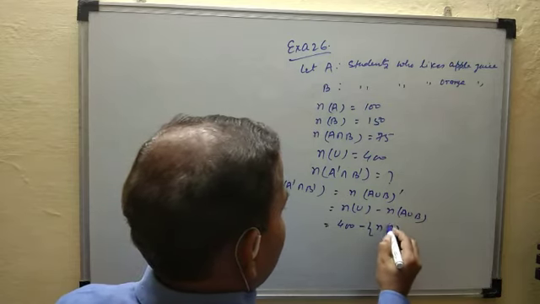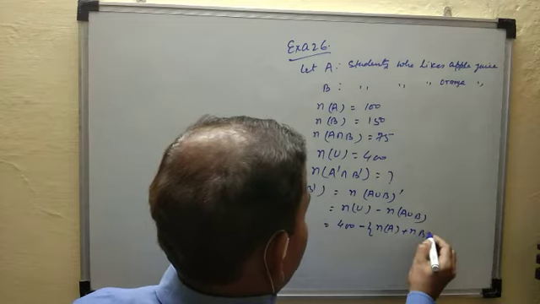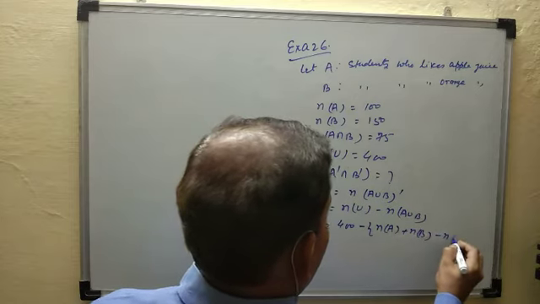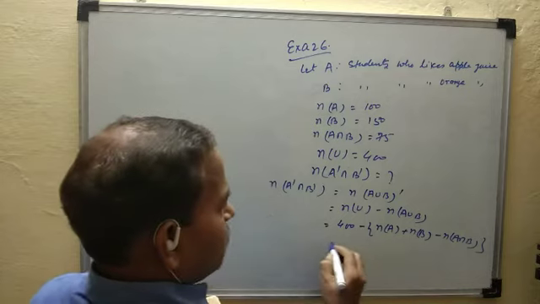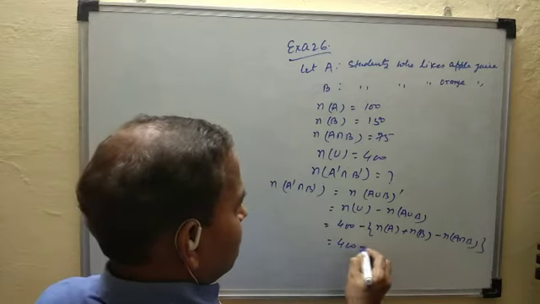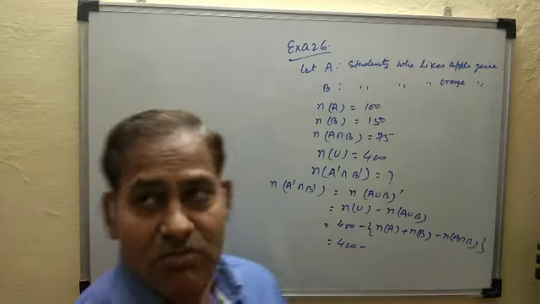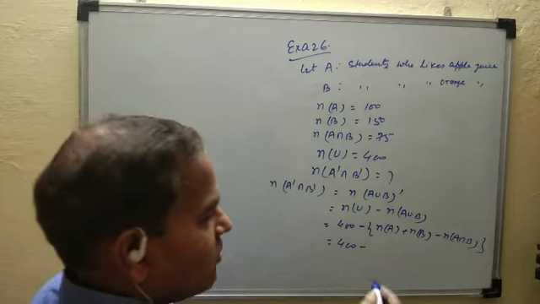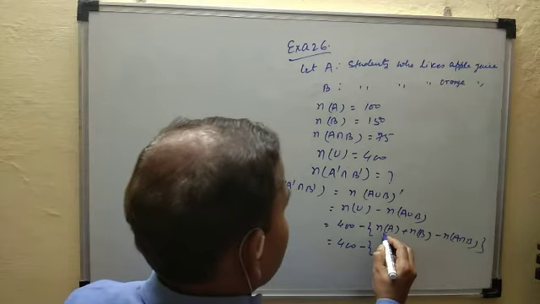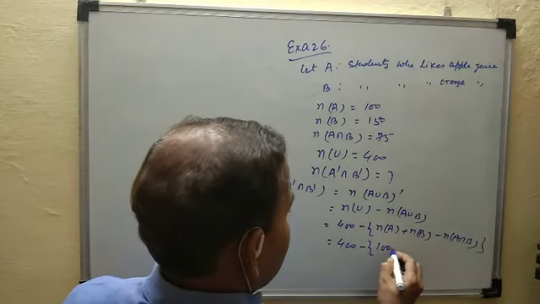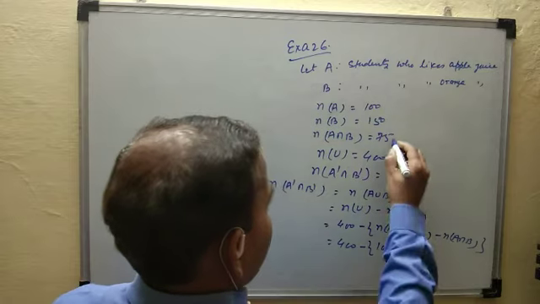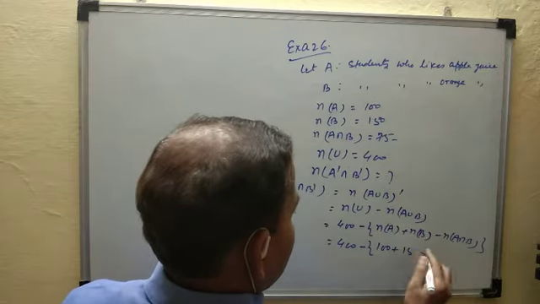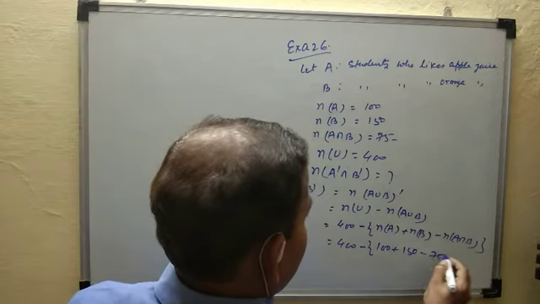Use the formula: number of A union B is equal to number of A plus number of B minus number of A intersection B. Put all the values: 400 minus number of A, which is 100, number of B, 150, and number of A intersection B, 75.